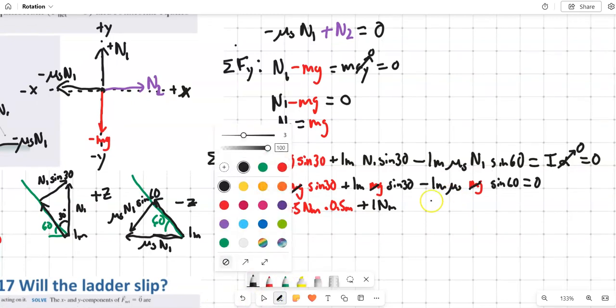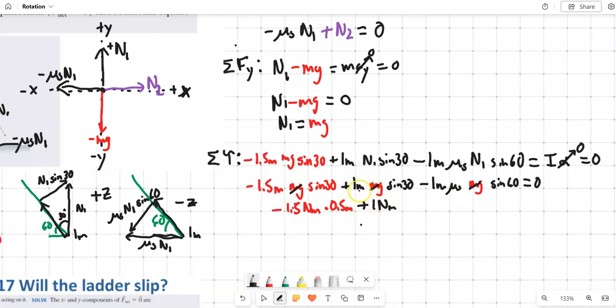Sorry, I was having some screen problems there. So this is, again, just going to be 1 Newton meter. This part is 1 Newton meter times 0.5. Sine of 30 degrees is 0.5. Now we're getting into here. Again, we've eliminated the mg, so this is going to be negative 1 meter times the sine of 60 degrees.